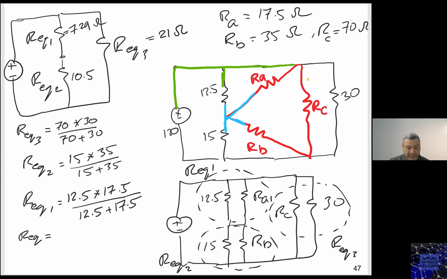So you have 17.8 times 21 over 17.8 plus 21.